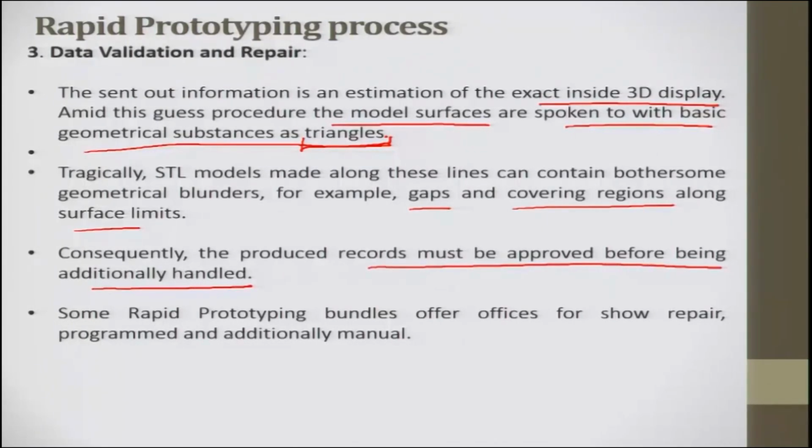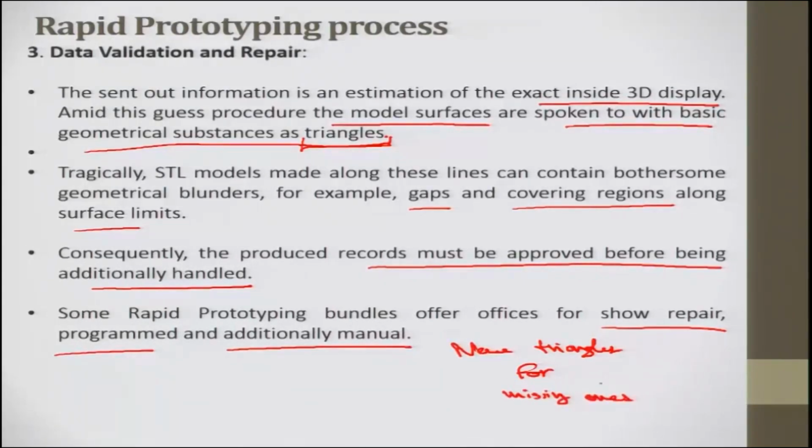Some rapid prototyping packages offer facilities for model repair, automatic and also manual. These packages incorporate software tools that assess the STL models and determine if any triangles are missing. In case of errors, the holes in the models are filled with new triangles for the missing ones sometimes.